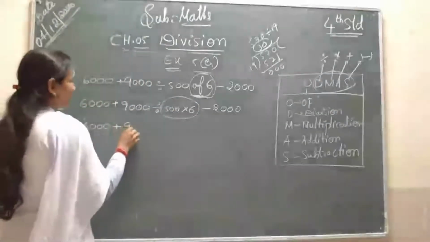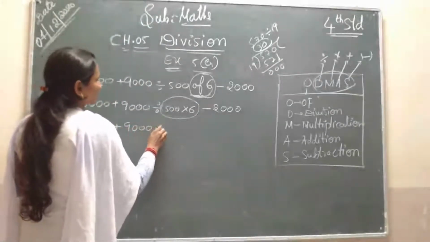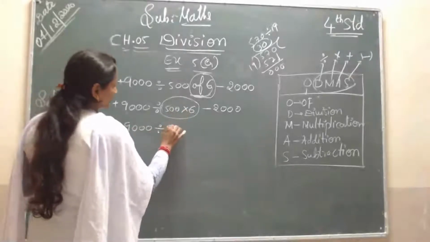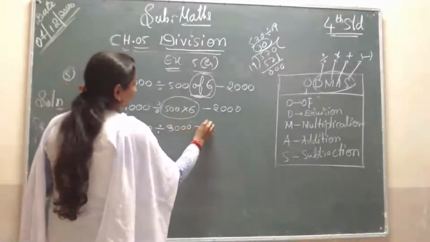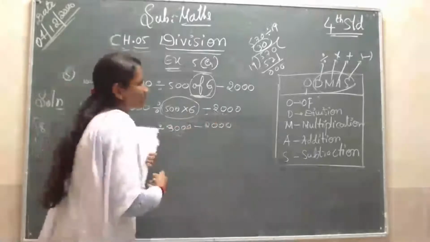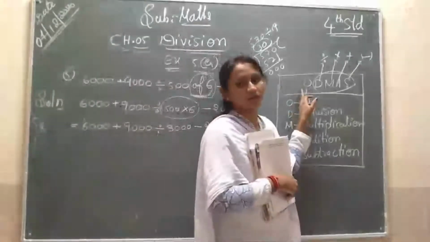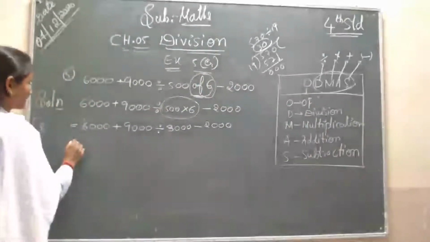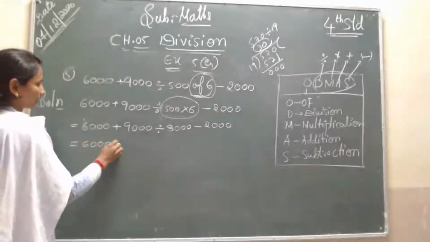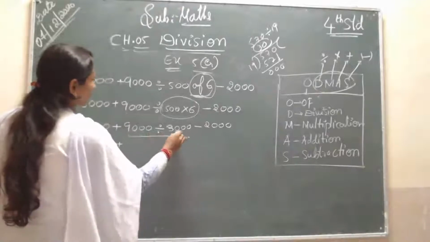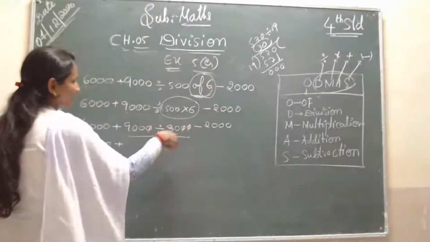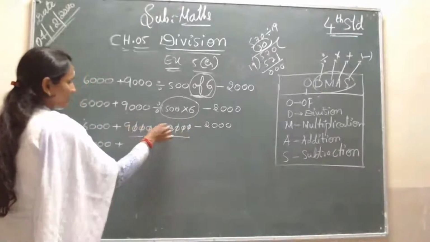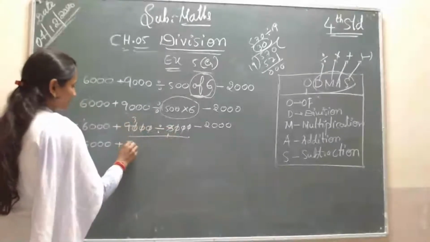So 500 into 6, that is 3,000, minus 2,000. That is the rule: first the off has to be taken. Okay, so next, 6,000 plus, now divide. So this zero cancels, this zero cancels, this zero cancels, 3 ones are 3. The result is 3.